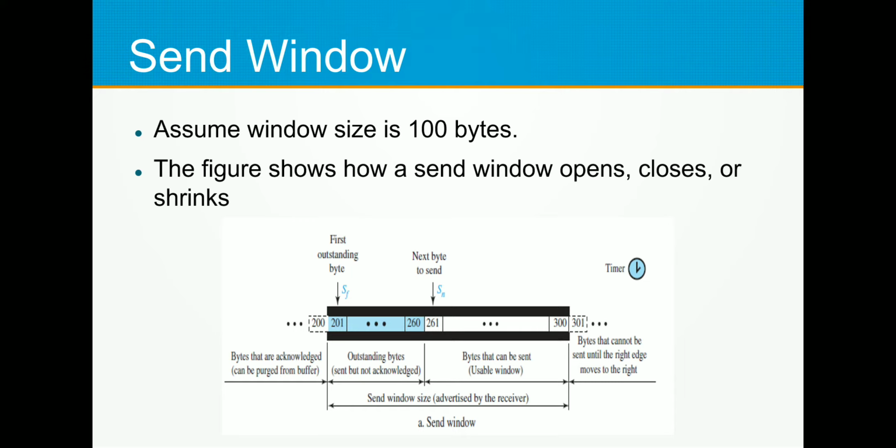In that case, the left side arrow here will advance by 10 bytes, and as a result, because this is a circular buffer, the right side limit can also be increased by 10 bytes. So that is what we say on the right side: bytes that cannot be sent until the write edge moves to the right.